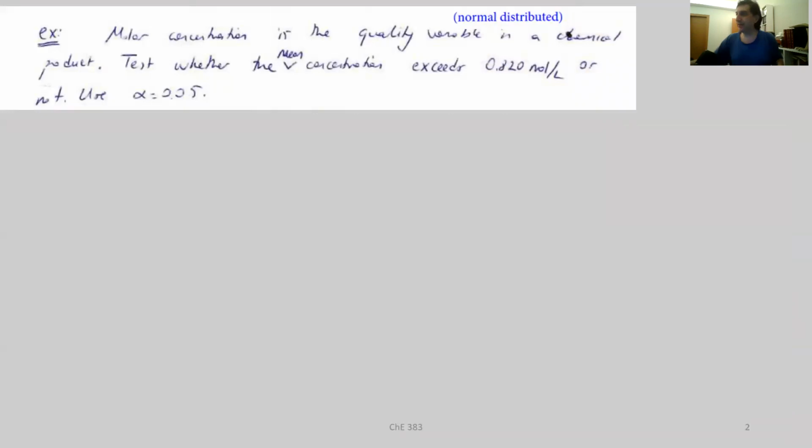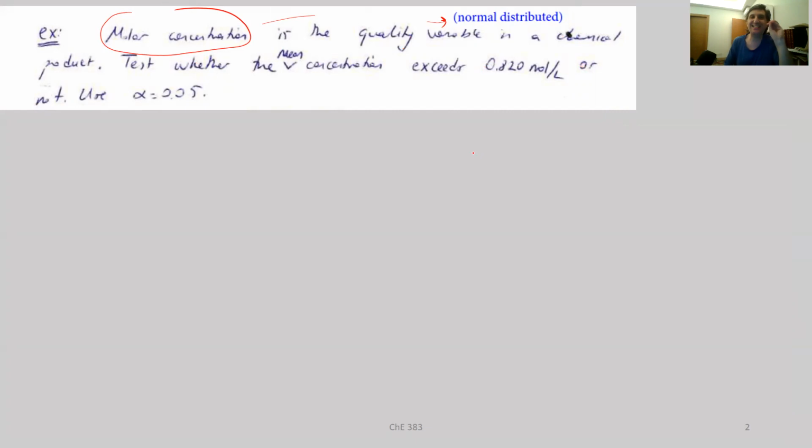All right, now let's solve a question. Molar concentration is the quality variable in a chemical product. We produce a chemical and we are interested in each product's molar concentration, and we know that it is normally distributed.